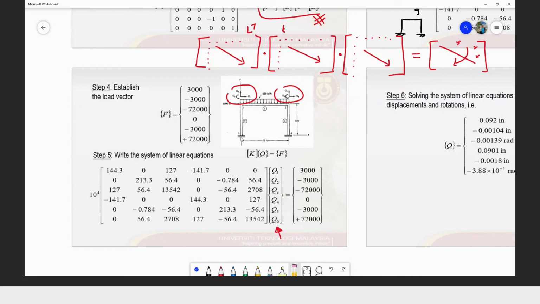Let's say support dekat sini kan, somewhere dekat sini, tapi which reaction yang kamu nak tentukan. So this is the reaction should be in the opposite. Let's say the reaction R X3. So tengoklah dekat sini, sebab sini dia pakai Q.